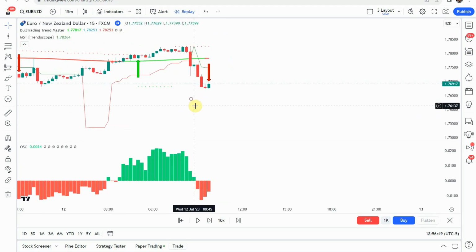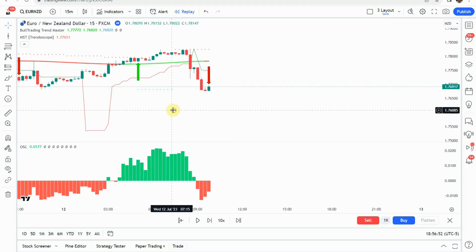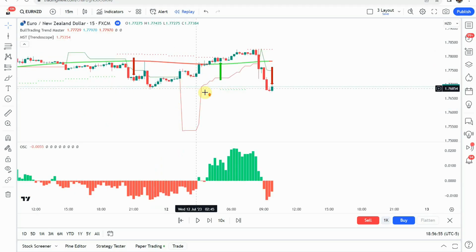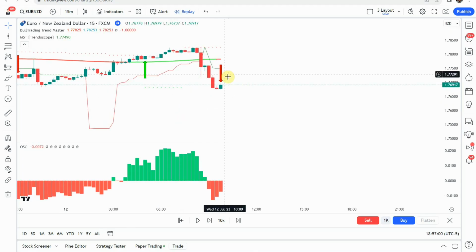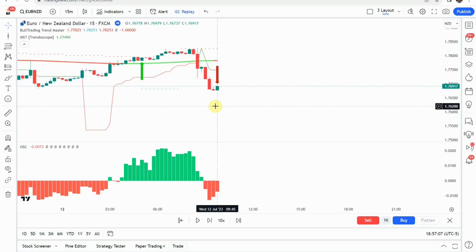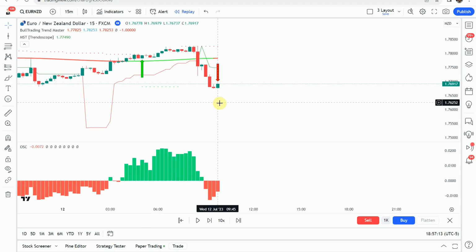So the setup on this is relatively easy considering how much is actually going on screen right now. So what you're looking for is the red arrow right here gives us a buy signal. And then you are looking for the Saudi oscillator down here to also be in red.